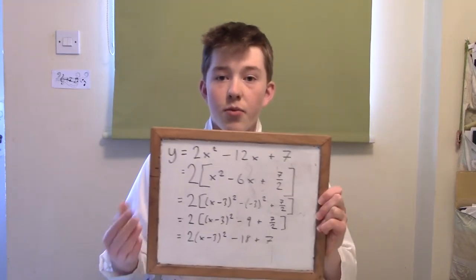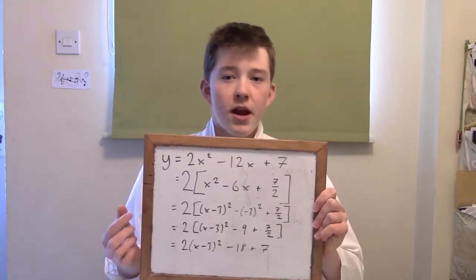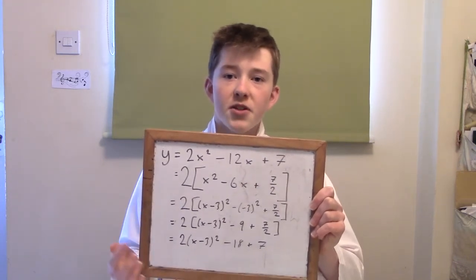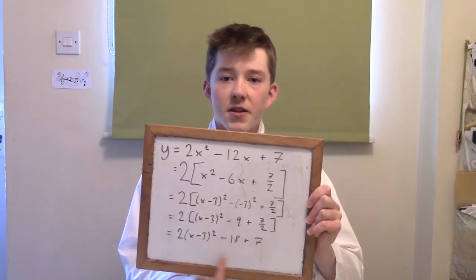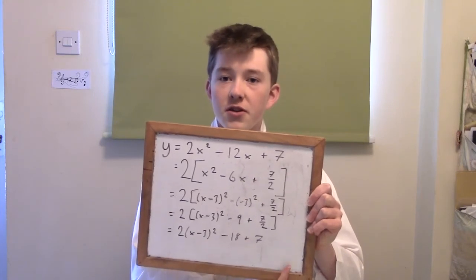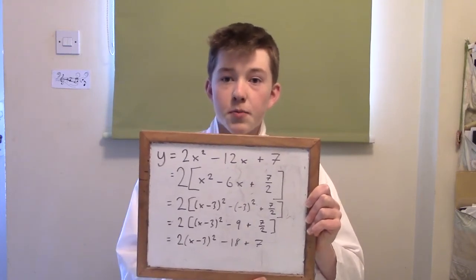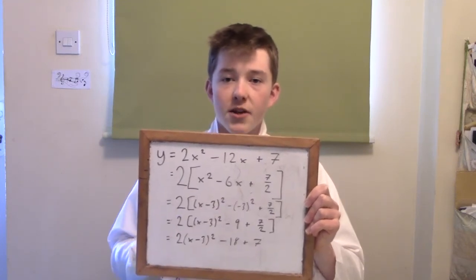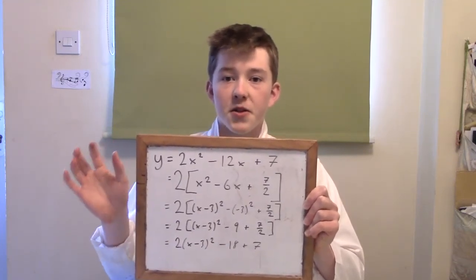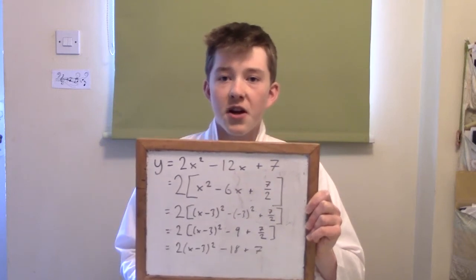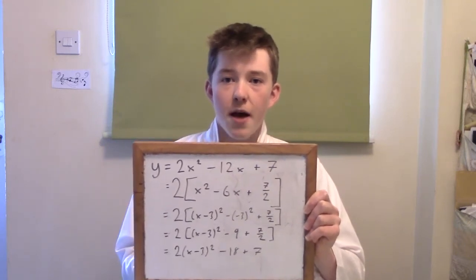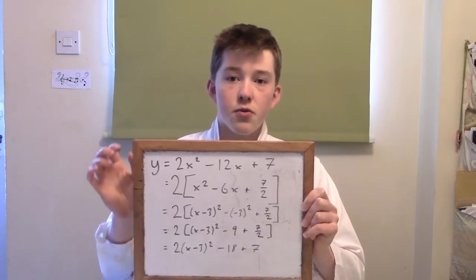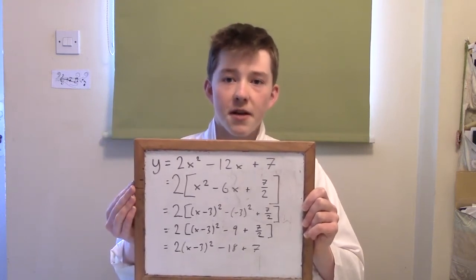The next step is different to before though. We have to get rid of the square brackets, and we do that by timesing everything inside the square brackets by the factor that's outside of them. What this means is we times the first bracket by 2 to get 2 brackets x minus 3 squared. We then times the minus 9 by 2 to get minus 18, and we times the plus 7 over 2 by 2 to get plus 7.